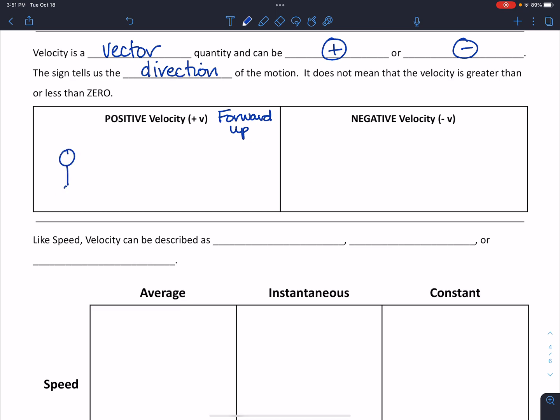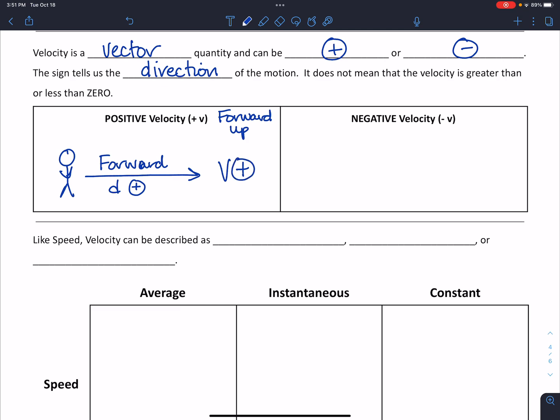If you have a person and that person is moving forward, we say that they are moving in the forward direction, which means their distance is changing in a positive manner. We say that the velocity value should be positive.